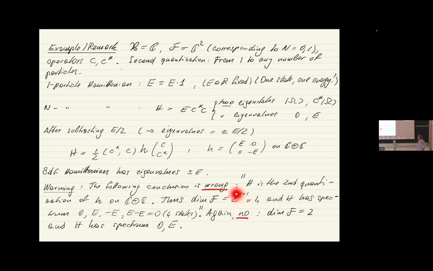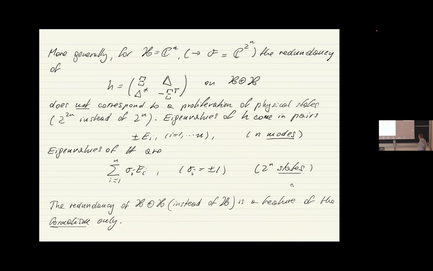The Fock space is 2-dimensional, and the Hamiltonian just has 2 eigenvalues. So the dimension is that, and H has spectrum just 0 and E. So, here is the next slide. More generally, if the Hilbert space is C^n, the Fock space has dimension 2 to the n, because for each of the n states, you can choose whether to pick it or not.